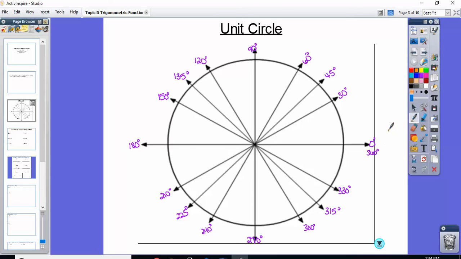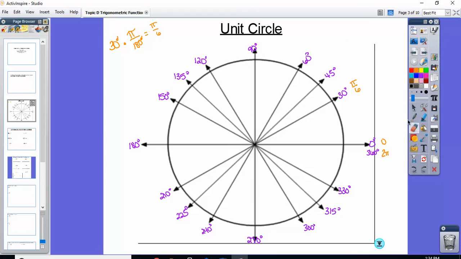Okay, second thing, radians. 0 degrees is the same as 0 radians. 360 we could call 2 pi. Remember, you can convert to change degrees into radians. We know that 180 degrees is the same as pi, so we multiplied by pi over 180. And that reduces to pi over 6.